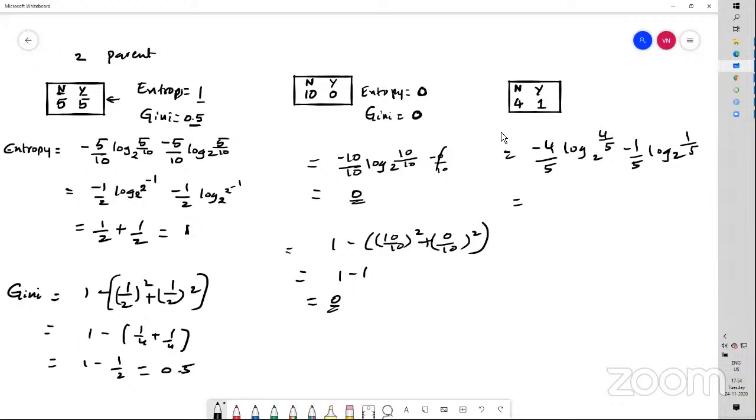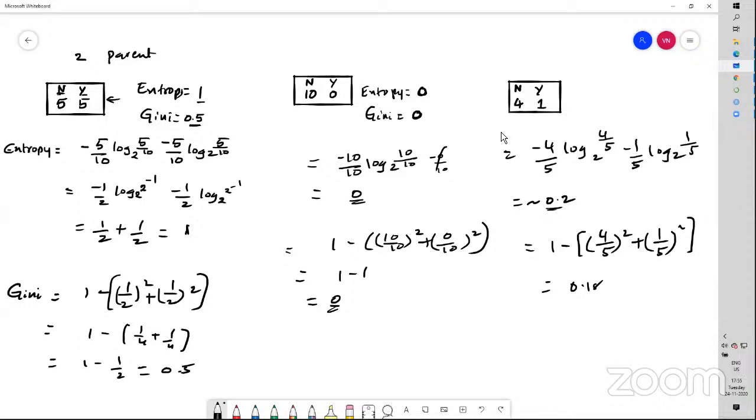This would roughly be around 0.2 if we compute this. And what would be Gini? Gini is 1 minus (4 by 5 whole square plus 1 by 5 whole square). This would be something like 0.18 or whatever it is.